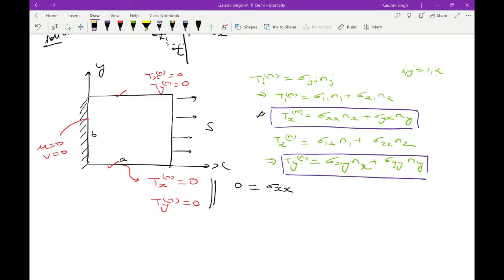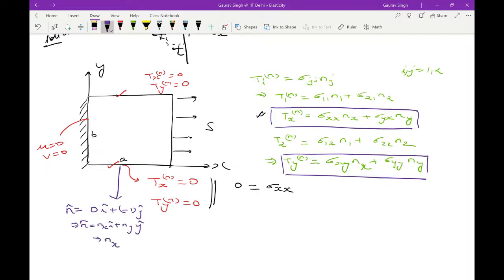So n is 0 i cap plus minus 1 j cap, that is, n is equal to nx i cap plus ny j cap.